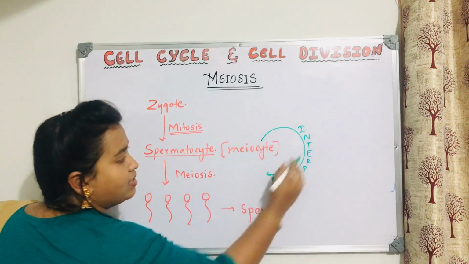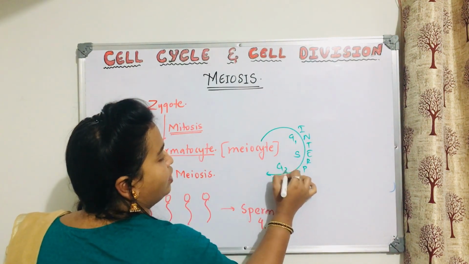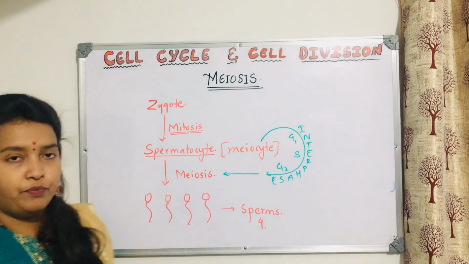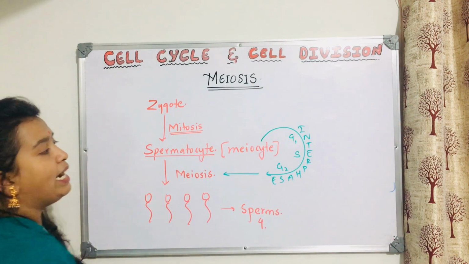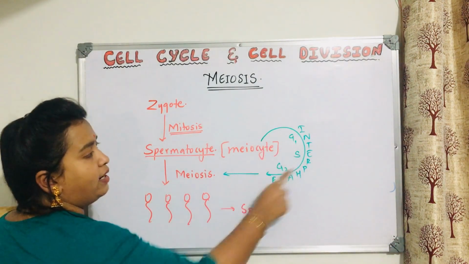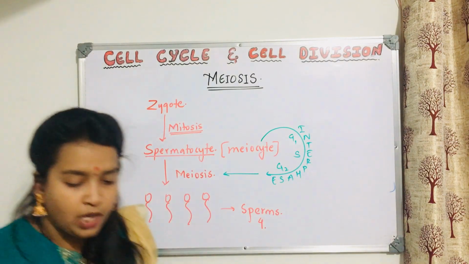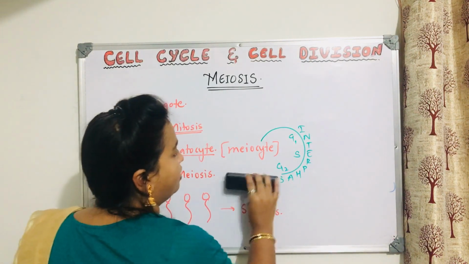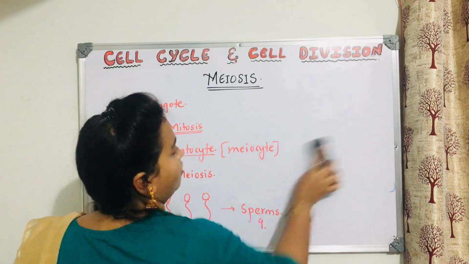And once interphase is complete, like G1, S and G2, then it will go for meiosis directly. And the confusion for some students is why it needs to go through this cycle, why it needs to go through this interphase before division. There are some students who have this confusion. So let us talk about that.